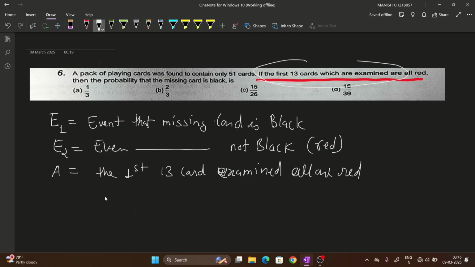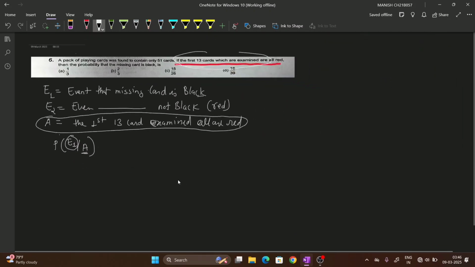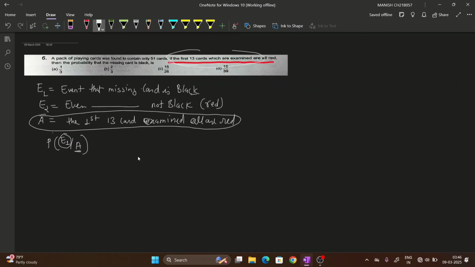So this has already occurred. Now we have to find P(E1 given A). If 13 cards are examined, what is the probability that the missing card is black? So this can be written like that. This is what we need to find.